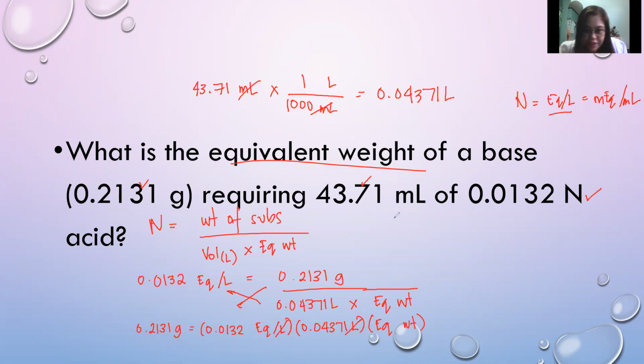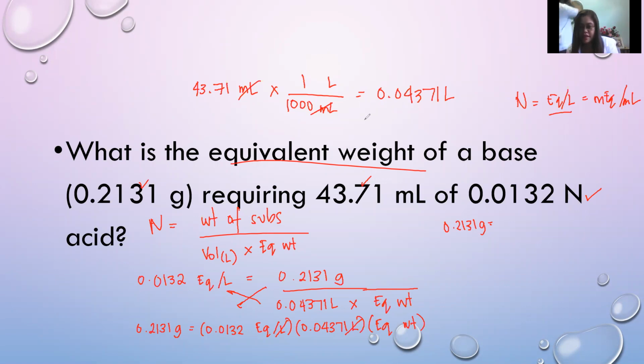Again, 0.2131 grams. And then we multiply 0.0132 times 0.04371.